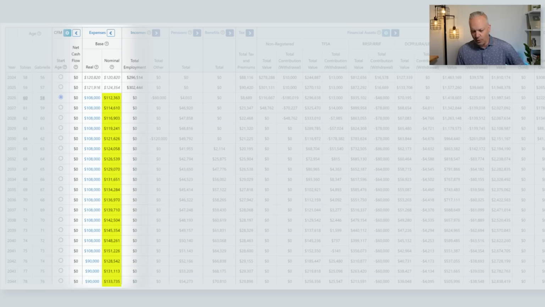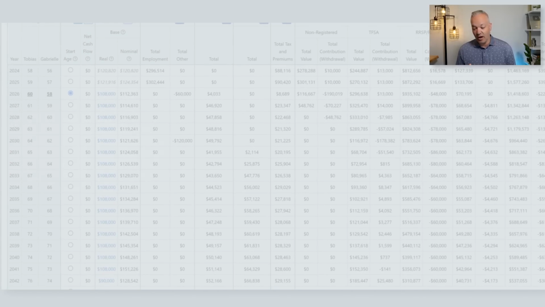So if we fast forward to when they're 63 and 65, they will actually receive $124,058 to spend. That is their actual spending. That's the difference between the real and nominal. In that year, 2031, the 124 is equivalent to 108 in today's dollars. If you play with the inflation rate, depending on what you want for your plan, that'll change slightly. But that's the difference between a real and a nominal dollar.